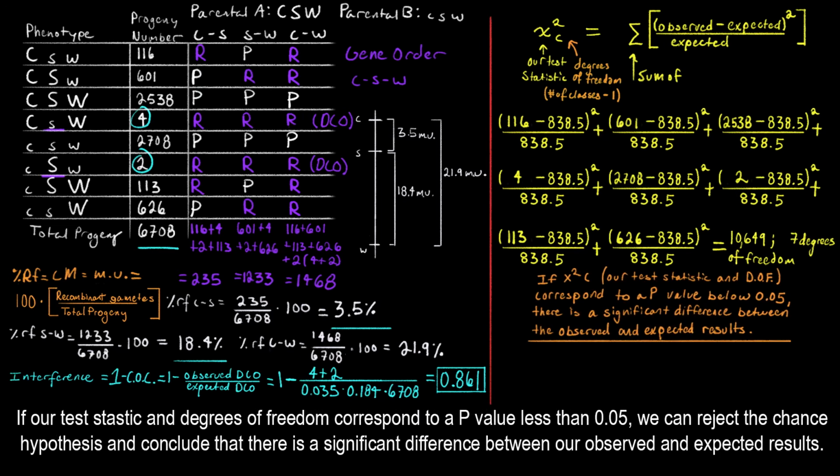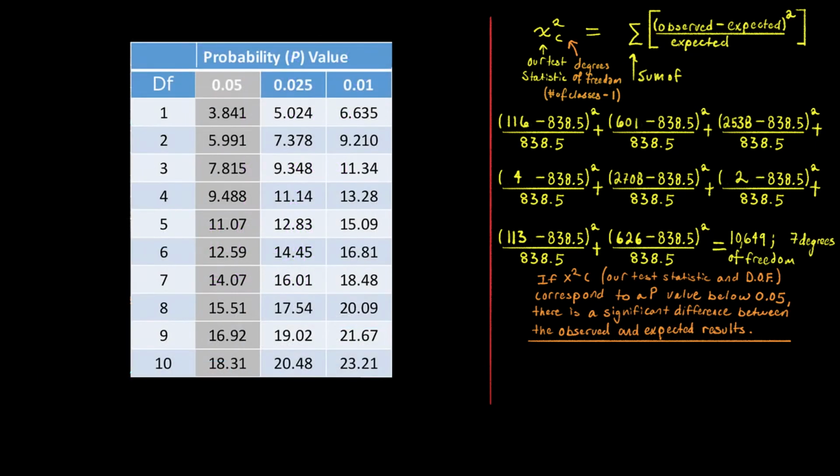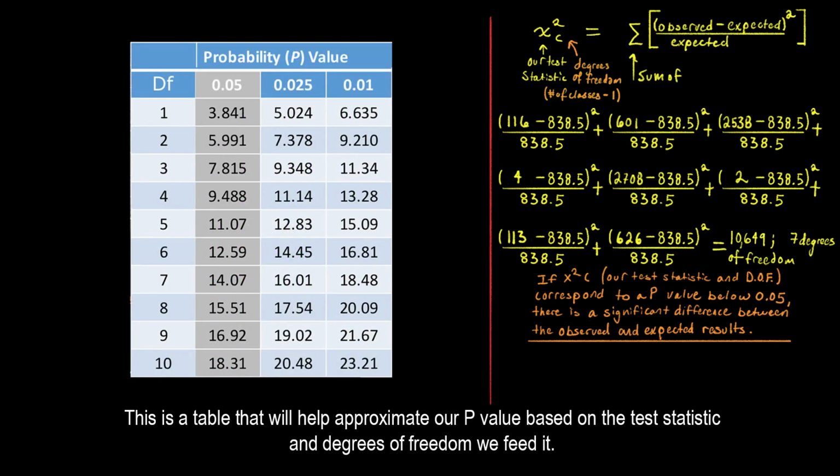If our test statistic and degrees of freedom correspond to a p-value less than 0.05, we can reject the chance hypothesis and conclude that there is a significant difference between our observed and expected results. This is a table that will help approximate our p-value based on the test statistic and degrees of freedom we feed it.